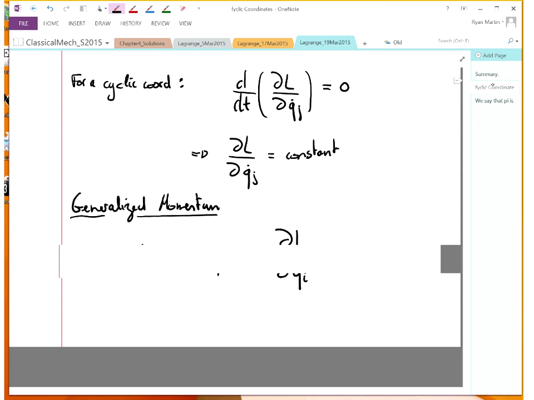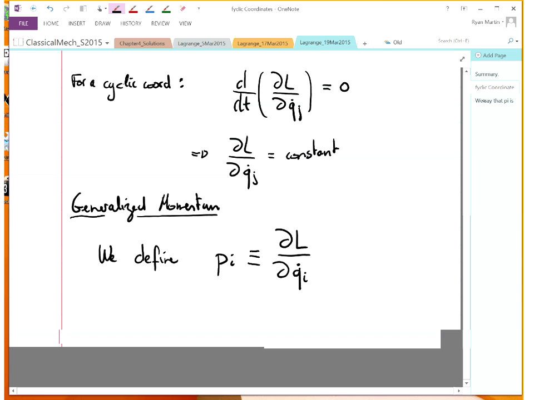And a neat thing you might notice now: we just saw above that for a cyclic coordinate, ∂L/∂q_i dot is a constant.